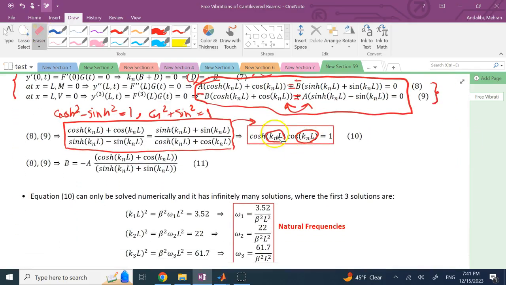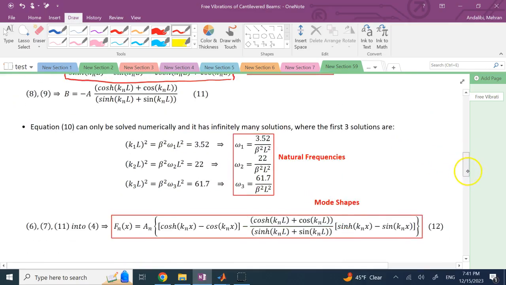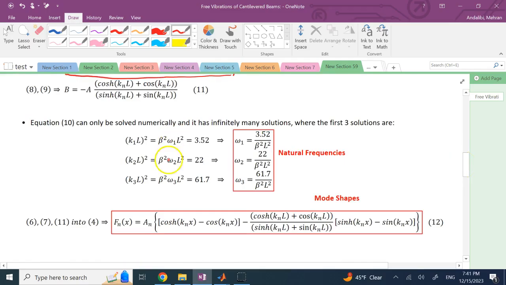What's the problem with 10? The problem is this equation cannot be solved analytically. It has infinitely many solutions, and you can only solve it numerically, okay? So if you solve equation 10 numerically, it has infinitely many solutions corresponding to infinitely many natural frequencies. And here I have provided you with the first three solutions.